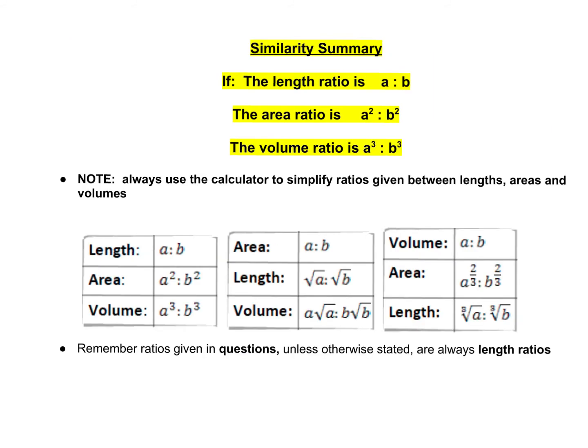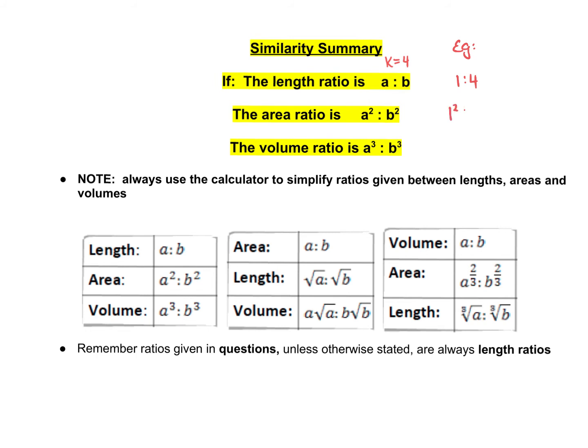All right, so just for an example, they might ask you what's the ratio. So say you enlarged it, say K equals 4, so it's 4 times larger. So what you have is a 1 to 4. It started off at 1, it went to 4. If you ask for their area ratio, you're going to square that.